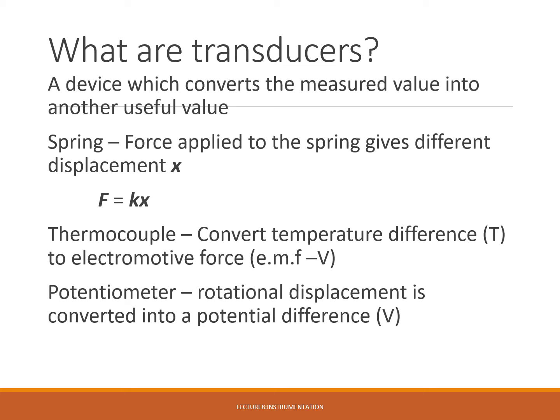Then the last one we have potentiometer. Potentiometer, the measured variable is the rotational displacement. How much rotation occurs in the potentiometer, and that will be converted into a potential difference, which is also a voltage.